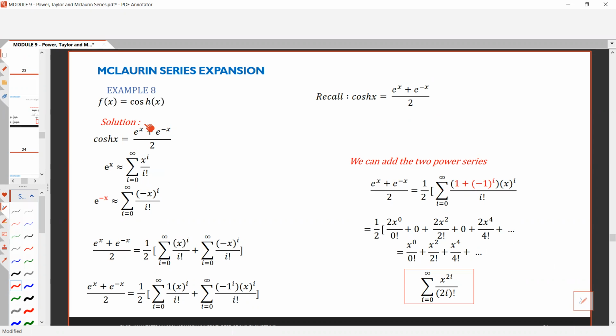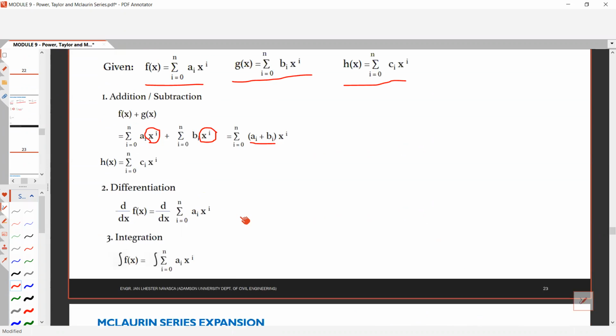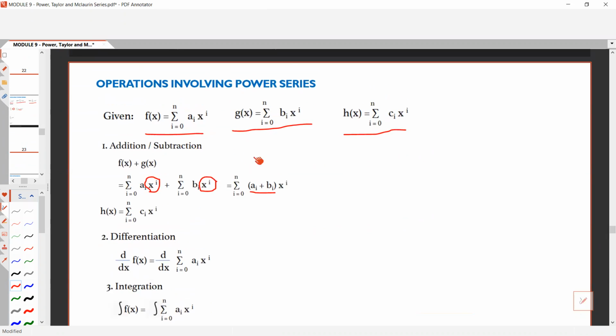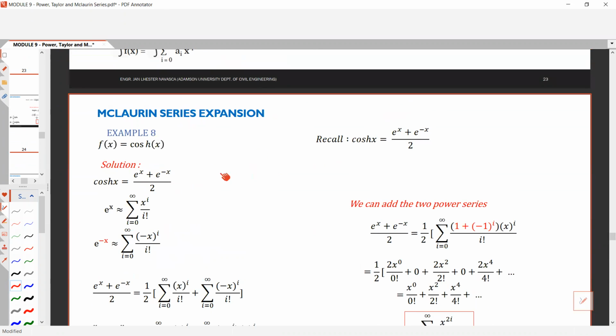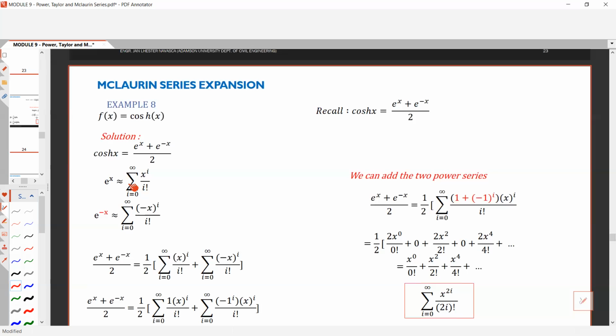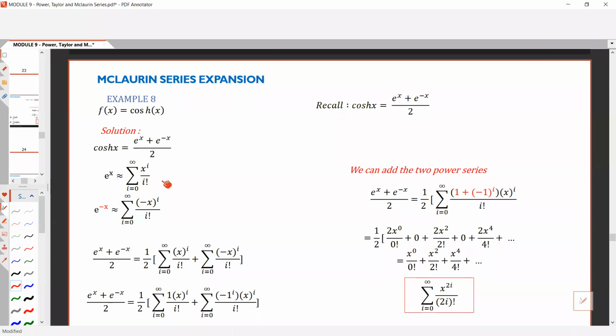So sulat lang natin sila isa-isa, gagamitin natin yung operations involving power series. Yung e raised to x, alam na natin, that is the summation of x raised to i over i factorial, starting from 0 to infinity. So that is a common Maclaurin series yan na pinasaulo ko sa inyo.